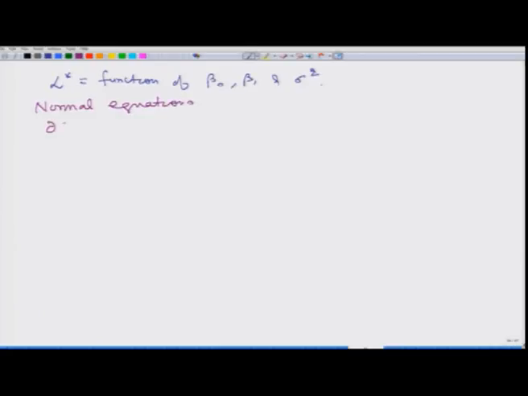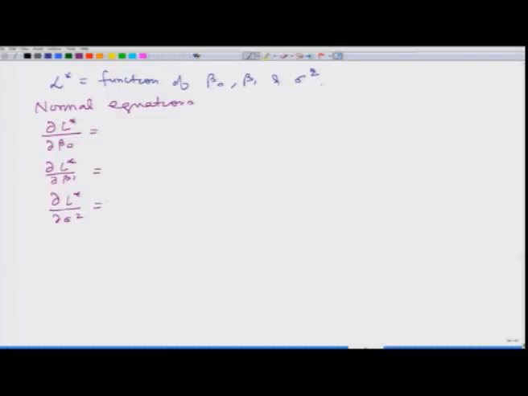Say I will simply partially differentiate the log likelihood function with respect to beta 0, beta 1 and sigma square, right.